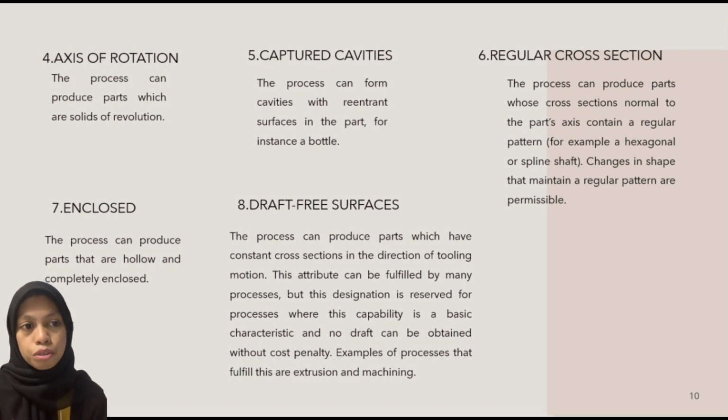The process can produce parts which have constant cross-section in the direction of tooling motion. This attribute can be fulfilled by many processes, but this designation is reserved for a process where this capability is a basic characteristic and no draft can be obtained without cost penalty. Examples of processes that fulfill this are extrusion and machining.